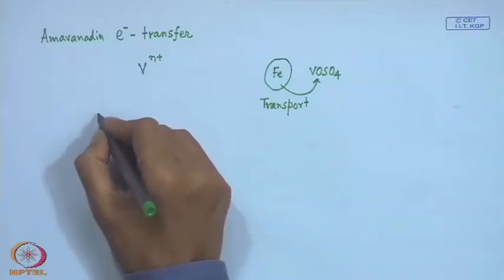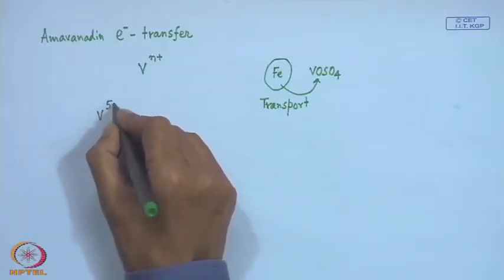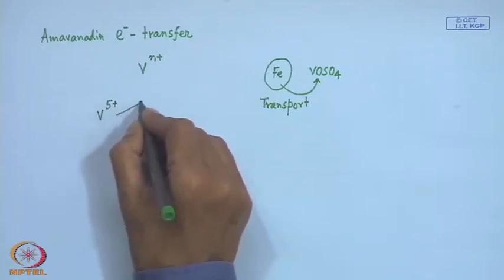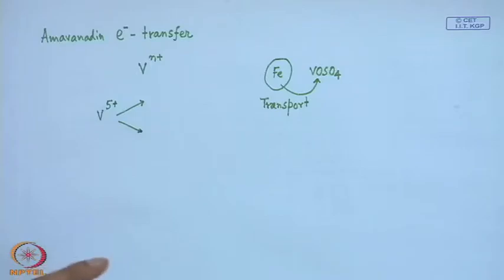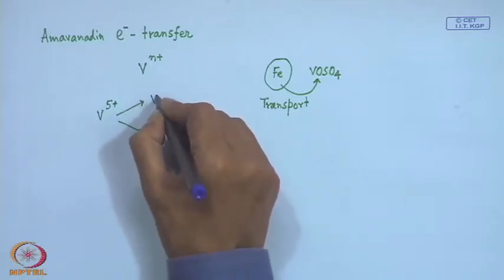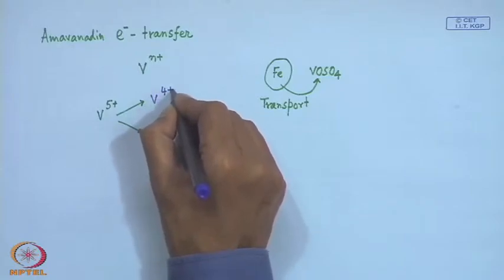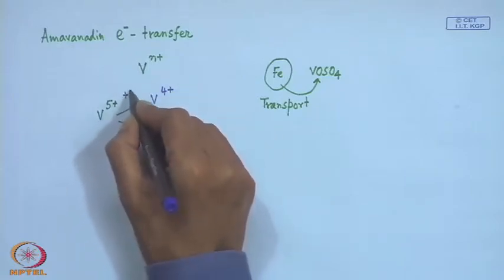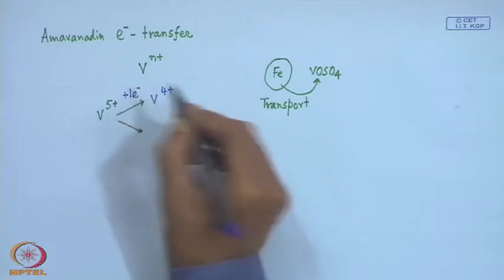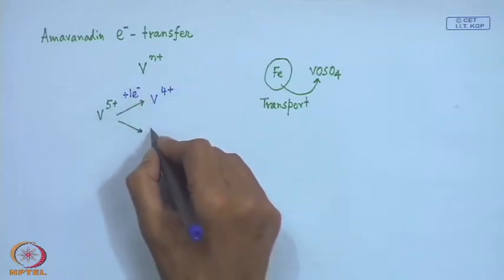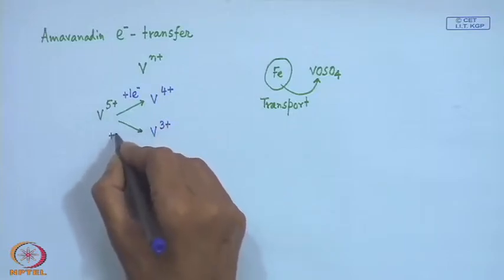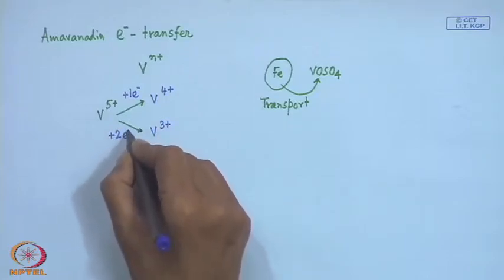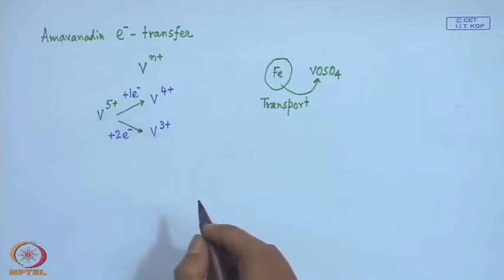From vanadium-5 we have to get the two other species, which are vanadium-4 plus, that means we should go for one electron reduction, or vanadium-3 plus, where we have to go for a corresponding 2 electron reduction.